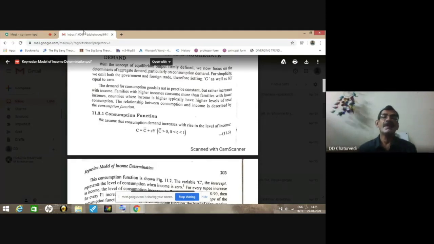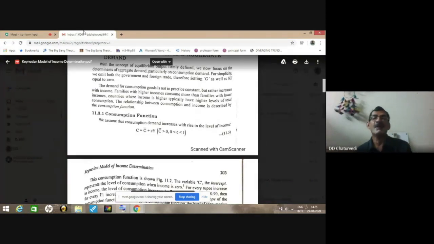And in case MPC is greater, a major proportion of the increased income will be consumed by the people. C bar is always more than 0. That means people consume even when they do not earn. Most of the students do not earn, but there is positive consumption. That is known as autonomous consumption. But marginal propensity to consume always lies between 0 and 1.